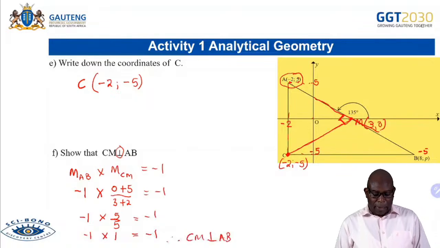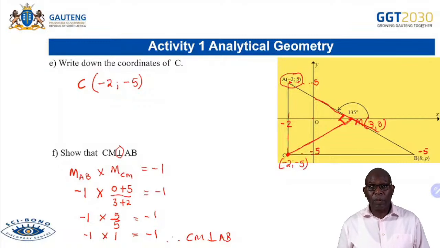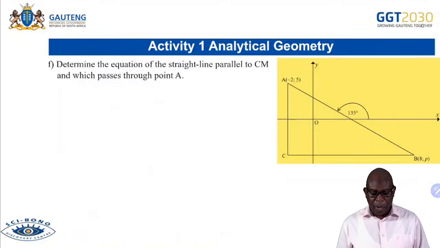Right. But what I can do is first prove the left-hand side, and then from there I can just equate it to the right-hand side, and then I'll have the two being equal. I can then say therefore CM is perpendicular to AB. Okay, right, so for two lines that are perpendicular, the product of the gradients is equal to -1.